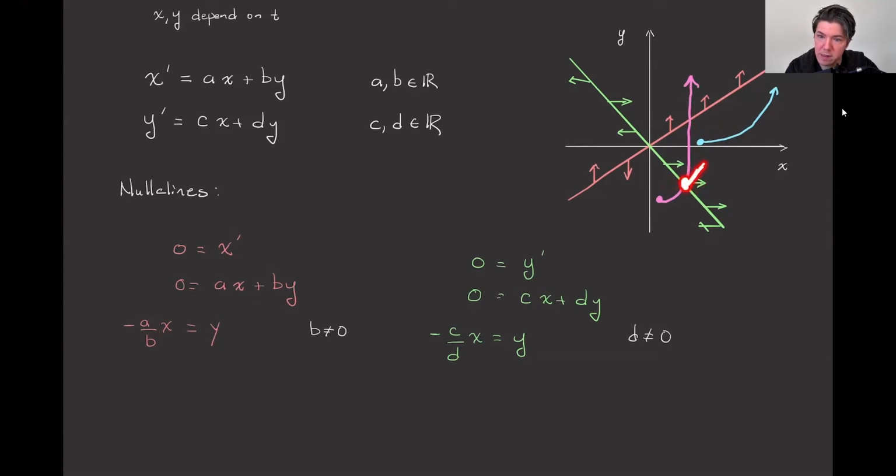There's at least some non-zero vertical component. So for that reason, this magenta curve has a problem here, and you wouldn't see something like this. So I'm going to get rid of that.